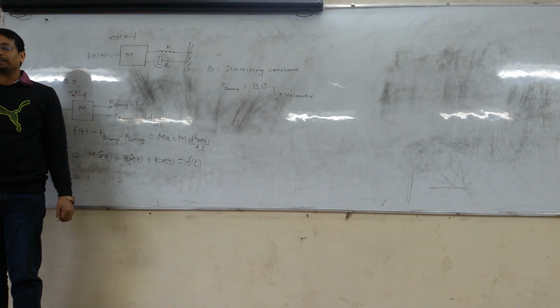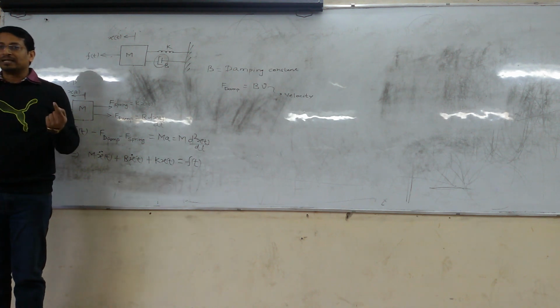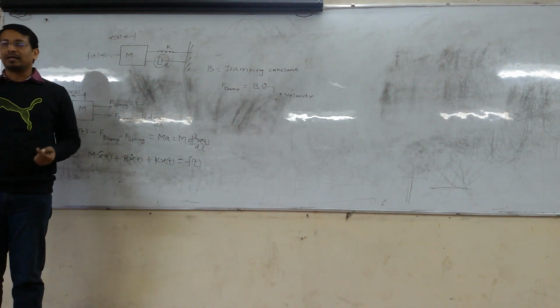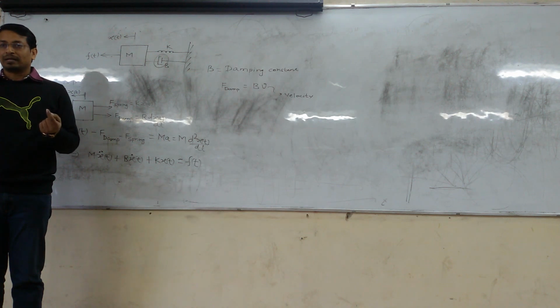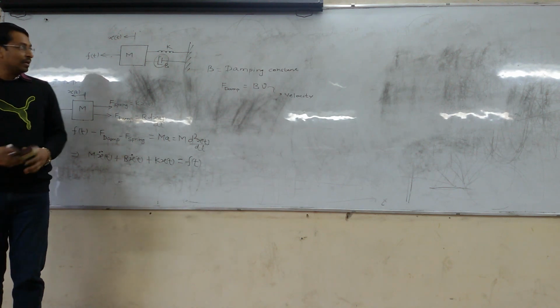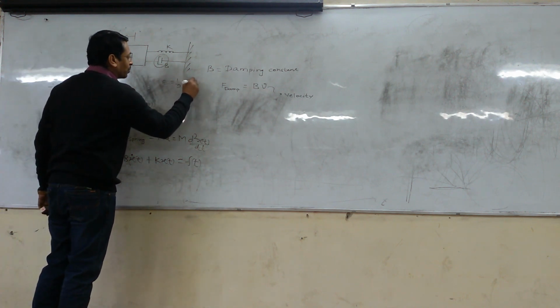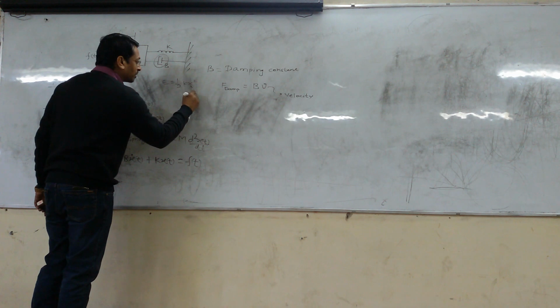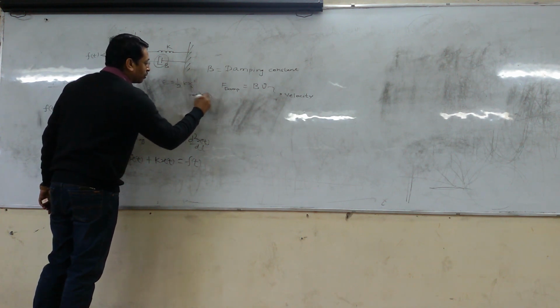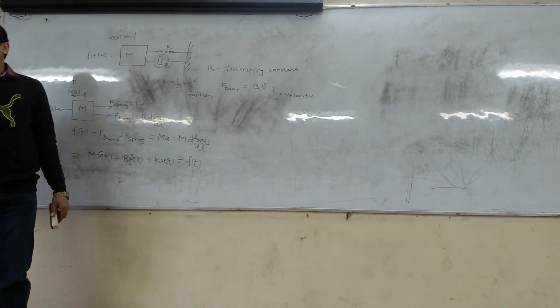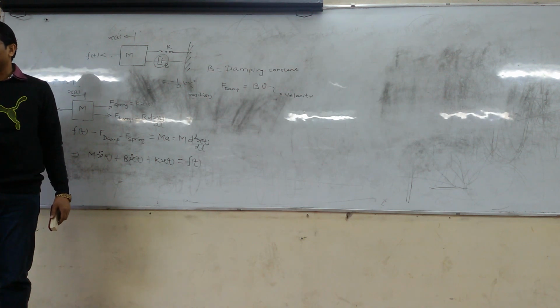The spring. The spring can store energy, E equal to half k x square, in terms of the position, or you can say the stretch, elongation or compression of the spring.